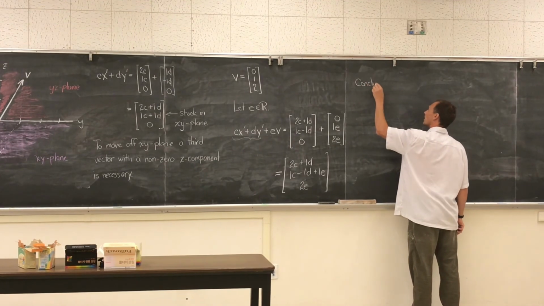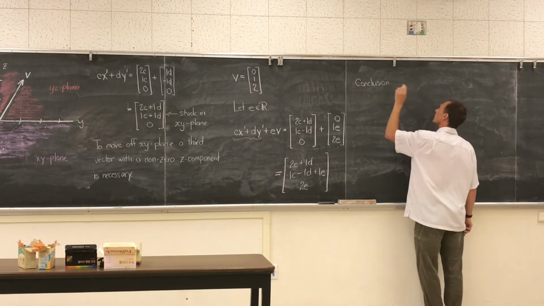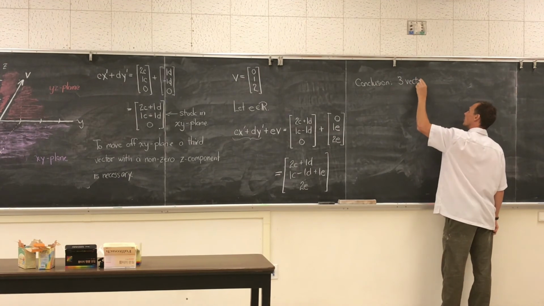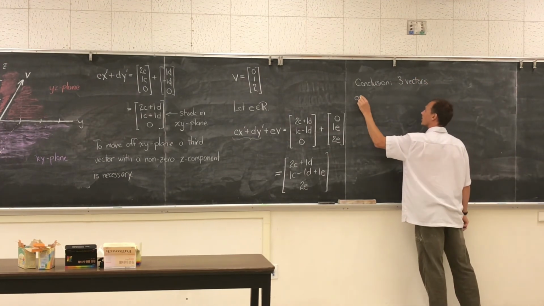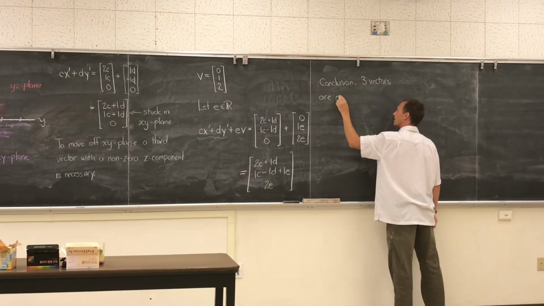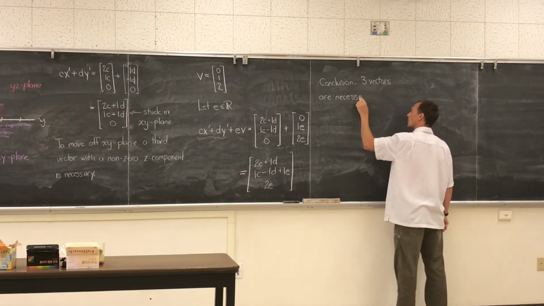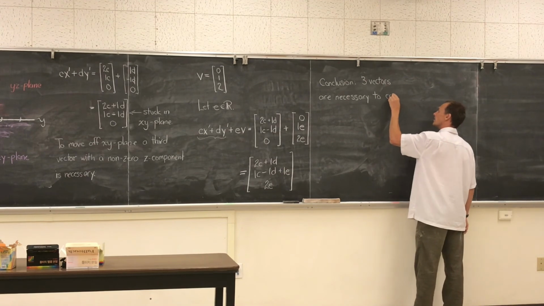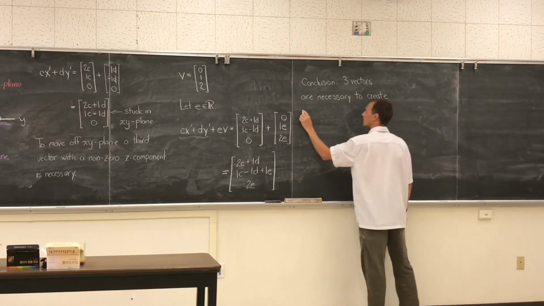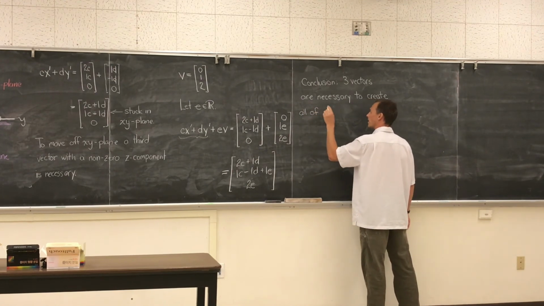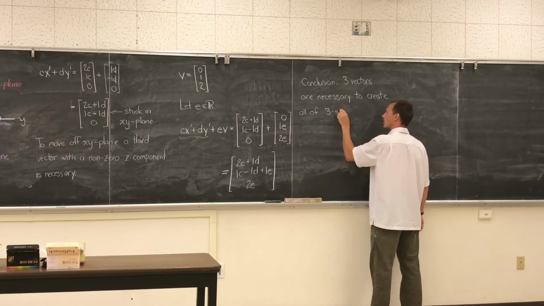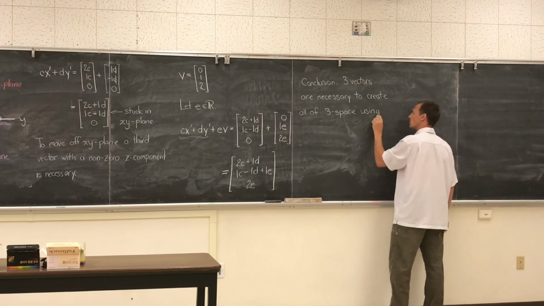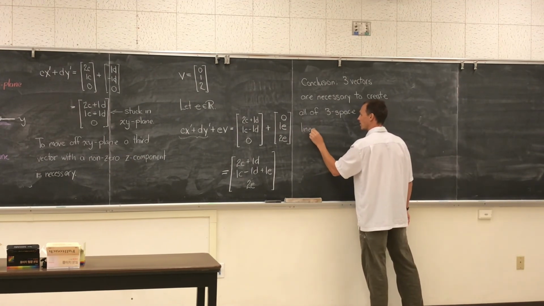Conclusion: if we have three vectors, 3 vectors are necessary to create all of 3 space, using linear combinations.